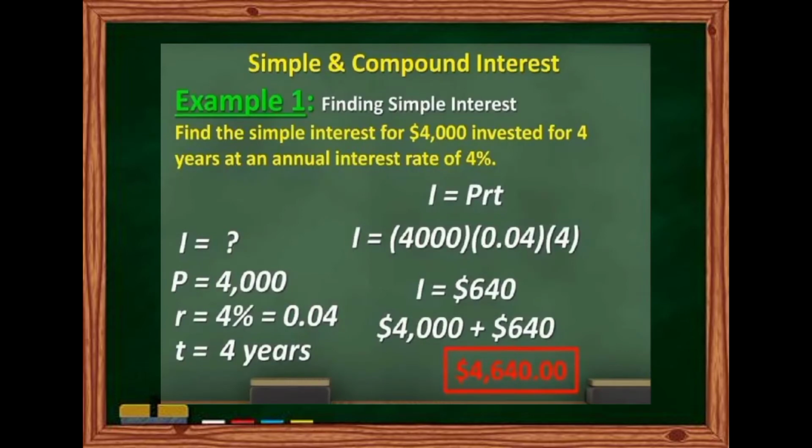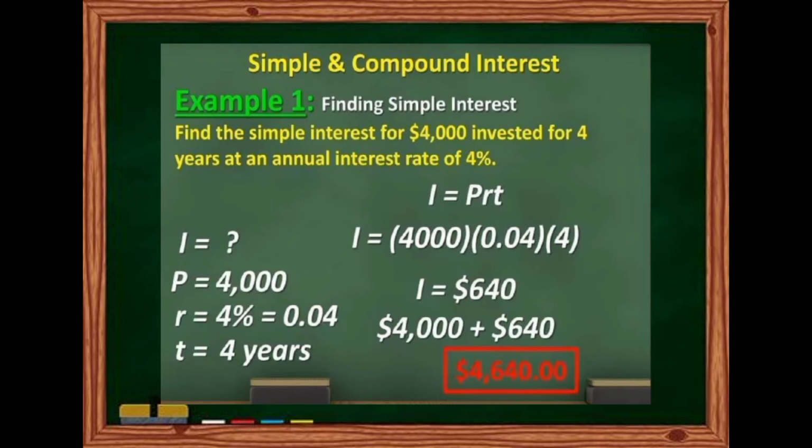Example number 1. Finding simple interest. The question is, find the simple interest for $4,000 invested for 4 years at an annual interest rate of 4%. The interest is unknown, P is equal to 4,000, rate is equal to 4% or 0.04, and time is equal to 4 years.